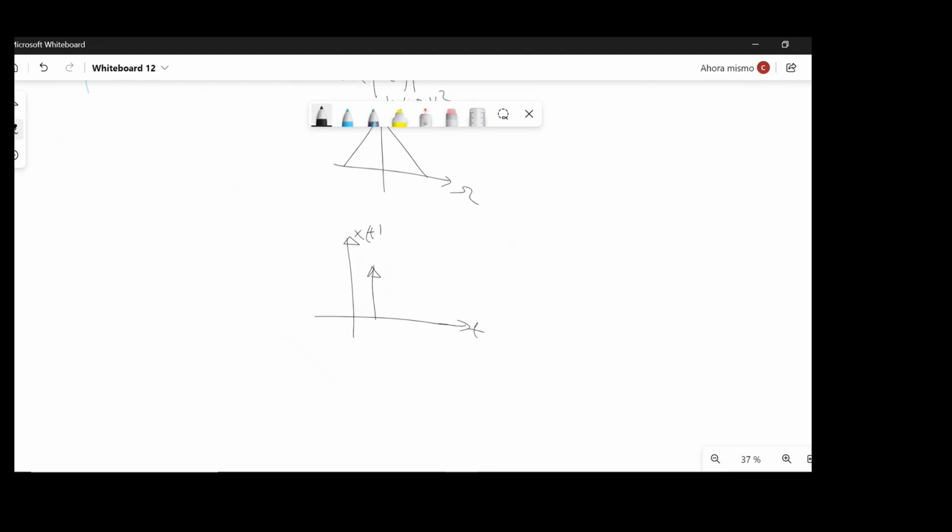So this is my signal. I do the Fourier transform. What is the Fourier transform of this? How does it look? I will only draw the amplitude because I'm not able to draw the complex numbers.